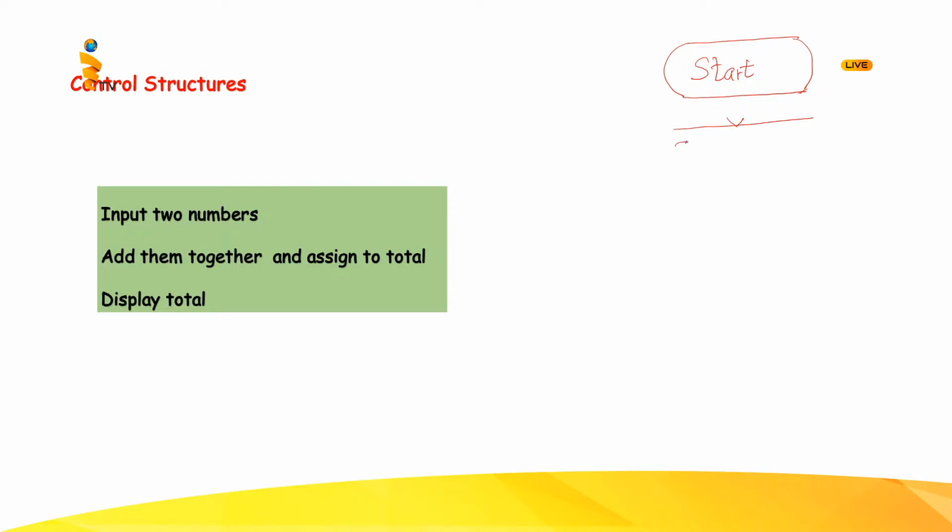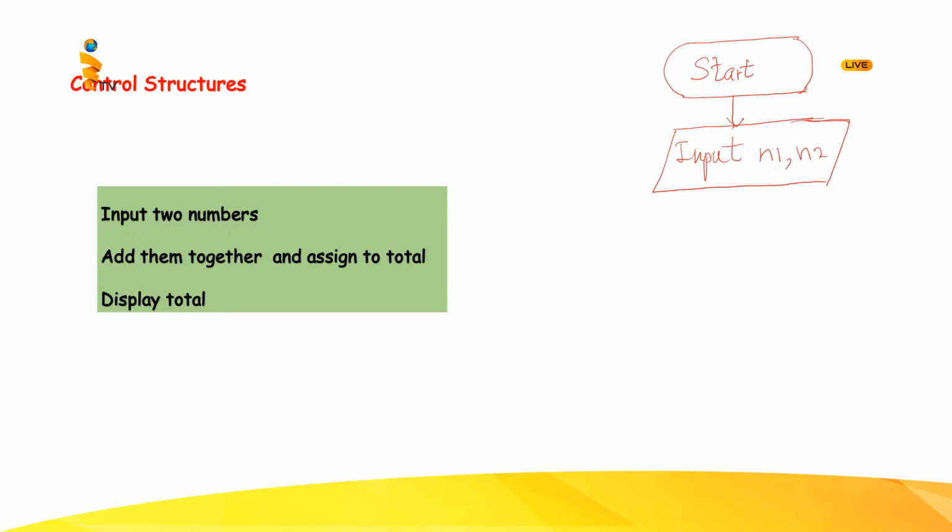And you have to write input. Here two numbers. Suppose I am going to use N1 and N2 there. Then I can use my parallelogram and say I am going to input N1 and N2.